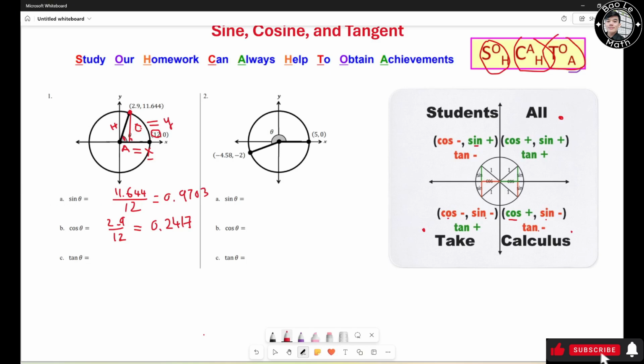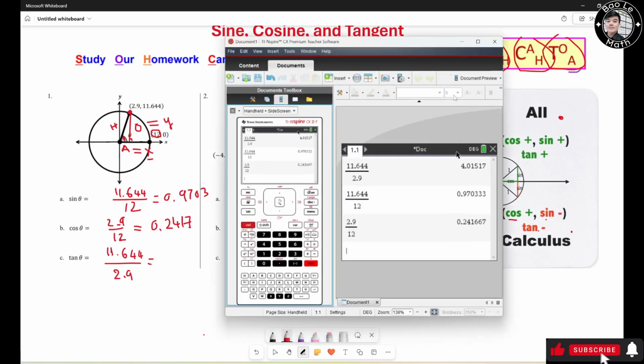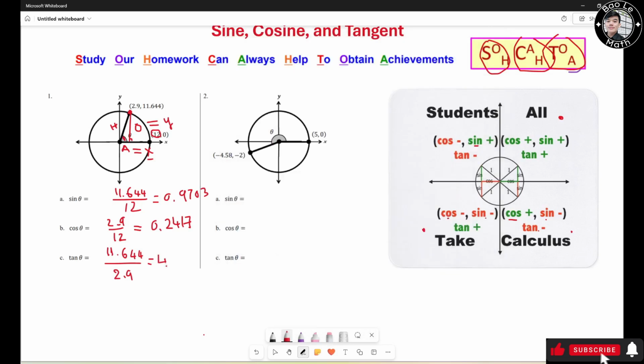So opposite is going to be the y value. So it's going to be 11.644 divided by adjacent. It could be 2.9, right? So it's going to be 4.0152, right? Now make sure you check your work, right?